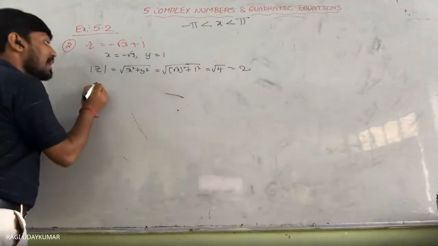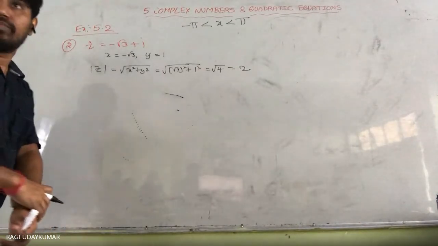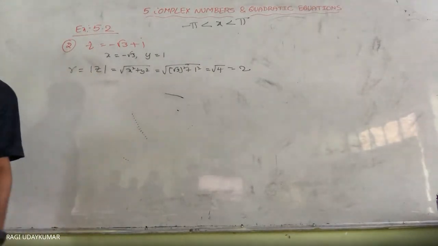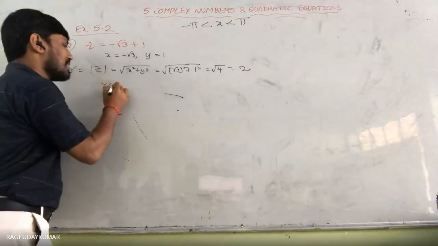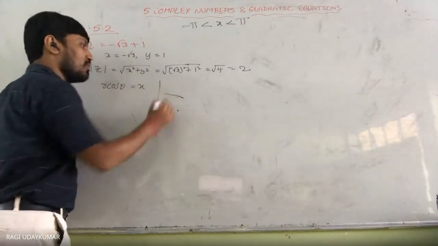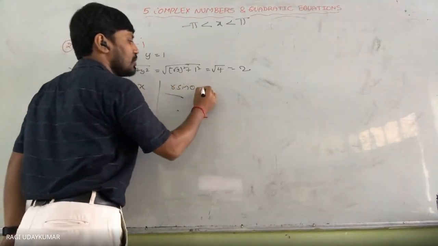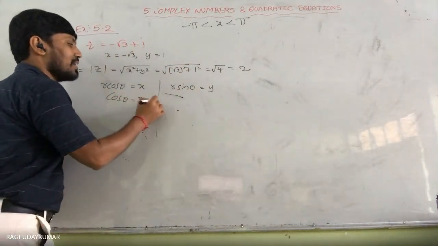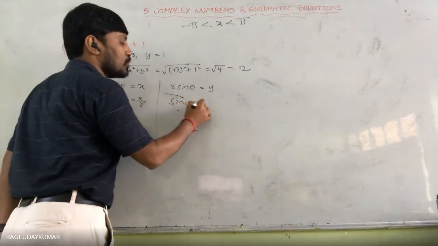Done. Now what to do here? R cos theta is equal to x, and r sin theta is equal to y. So cos theta is equal to x by r, and sin theta is equal to y by r.